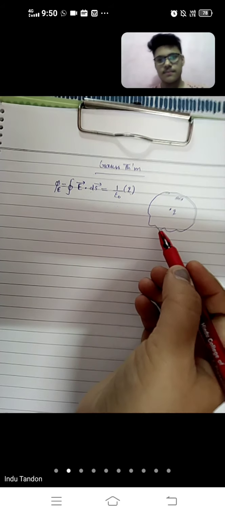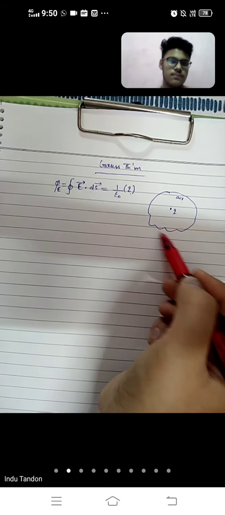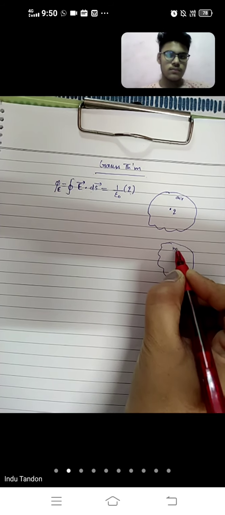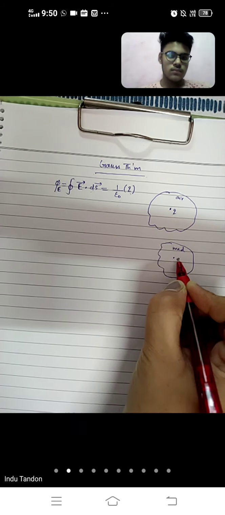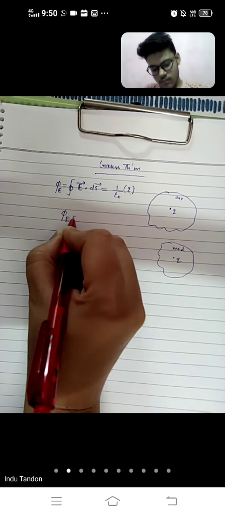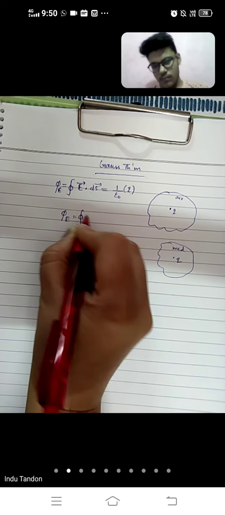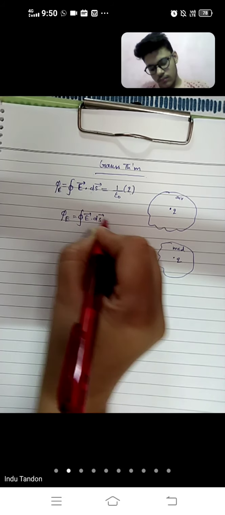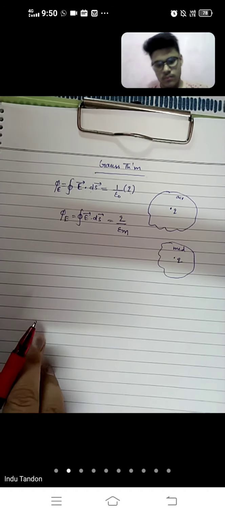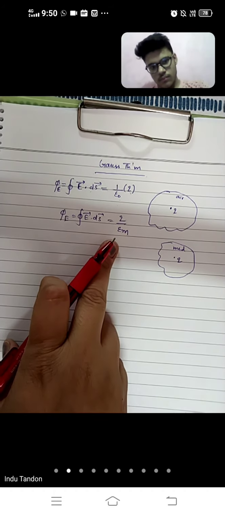Now, if we suppose some medium is present here in place of air, this charge is enclosed by some medium. So the formula for electric flux becomes the integral of E dot ds is equal to Q by epsilon m.